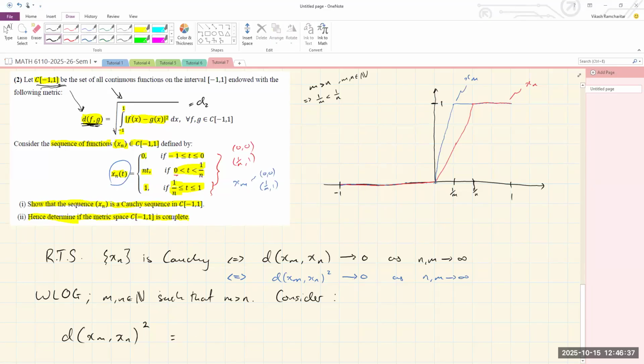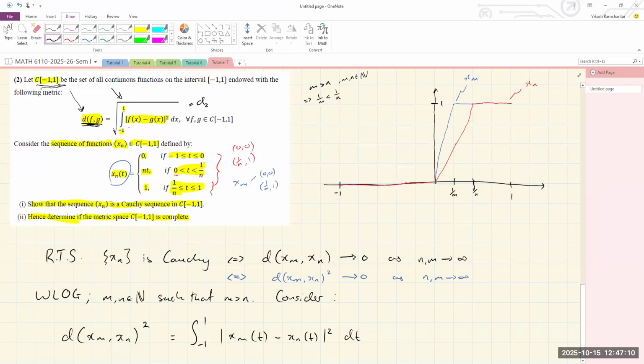By definition of the D2 metric, this is the integral from -1 to 1 of the modulus of xm of t minus xn of t, squared, where the dummy variable we're integrating over is t. So I'm getting the difference between them, taking the modulus, squaring it, and integrating with respect to the dummy variable.